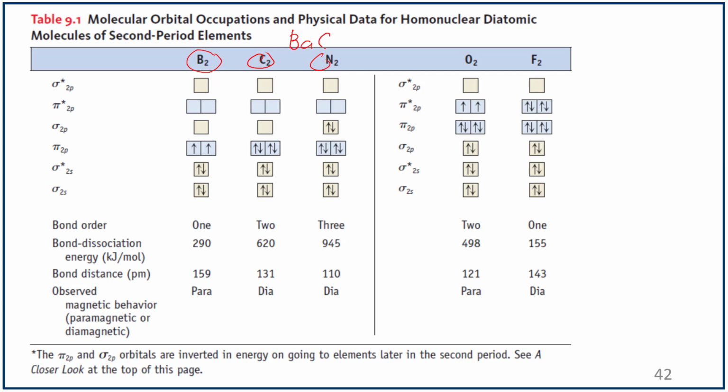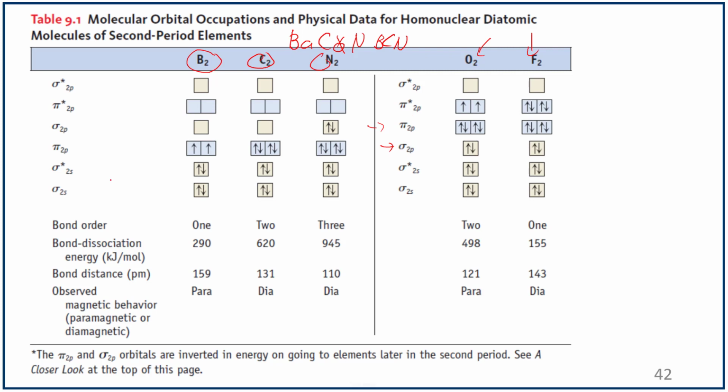Of course, not including the O, because that's oxygen. As for the others, for example oxygen and fluorine, they do not undergo s-p mixing. So for oxygen and fluorine, sigma 2p is still lower in energy than pi 2p.